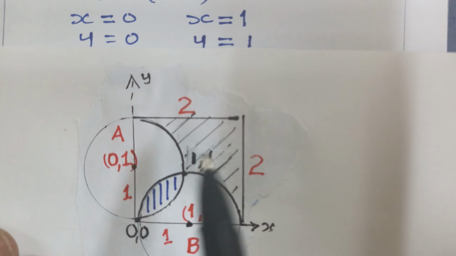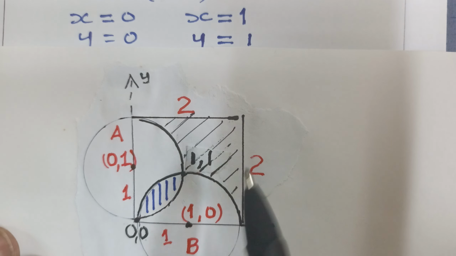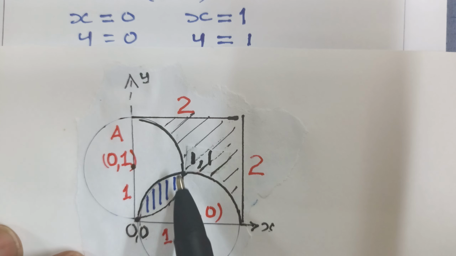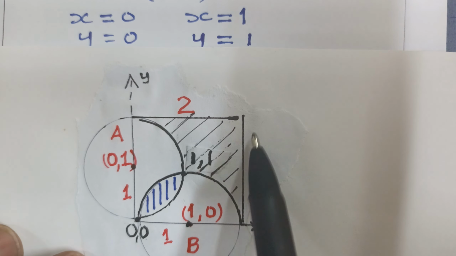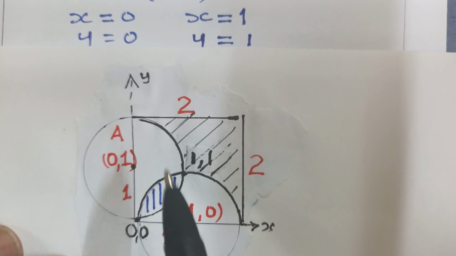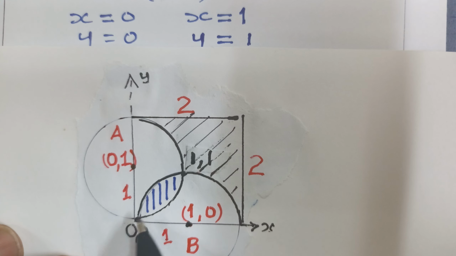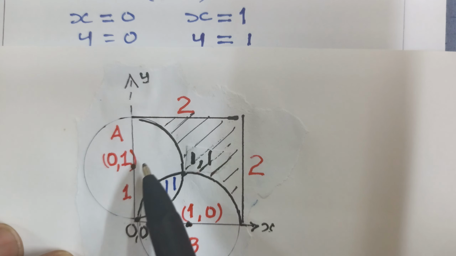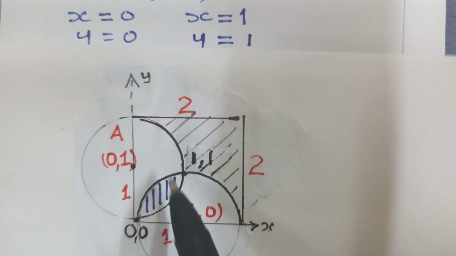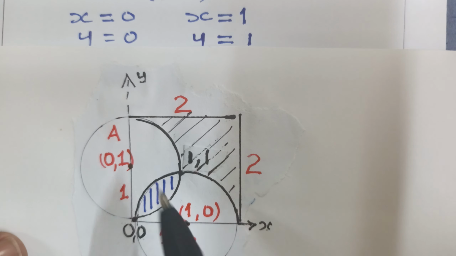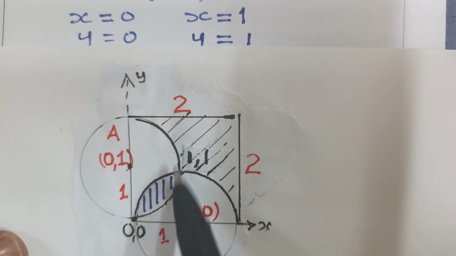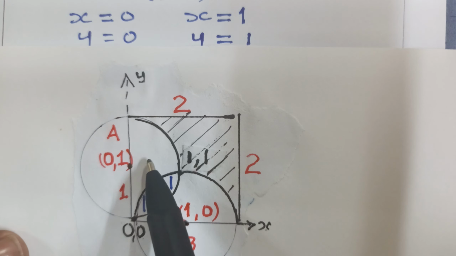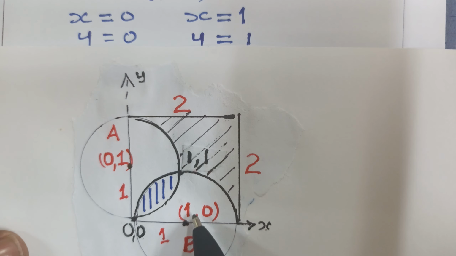For us now to get this shaded area, guys, we are going to get the area first of all of the square, which is 2 times 2, 4, and then the area of those semicircles. Because this area that is shaded, guys, we are going to take away from these two semicircles. And that can be done by just getting the area of one circle, which can represent this semicircle and this semicircle.